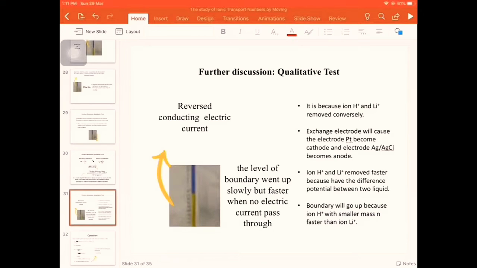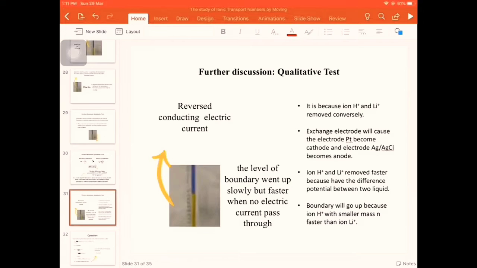When we switch, the movement of the ions will change direction because it follows the electrical current compared to what happened just now. It's just like how changing the current direction will influence the electrical mobilities of the ions.